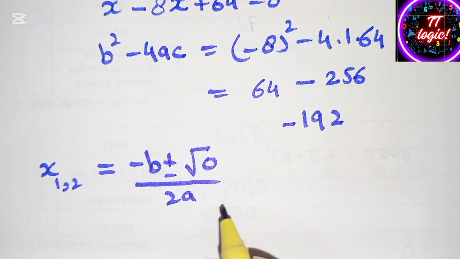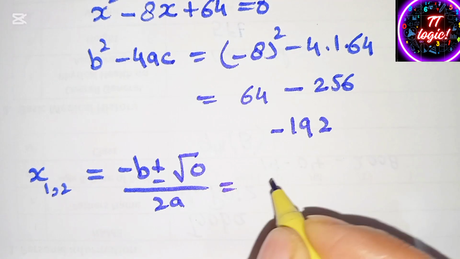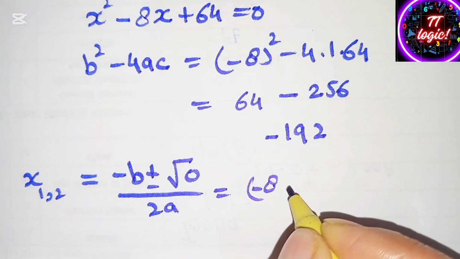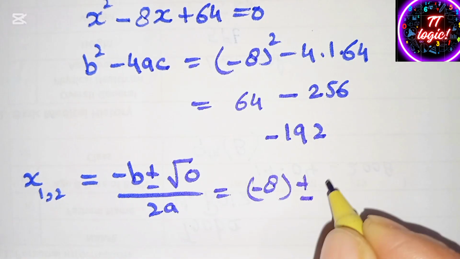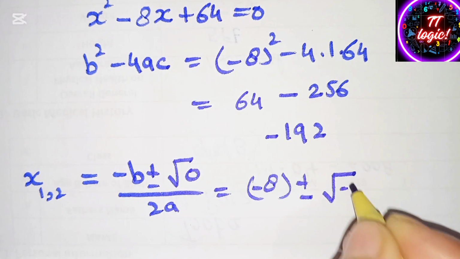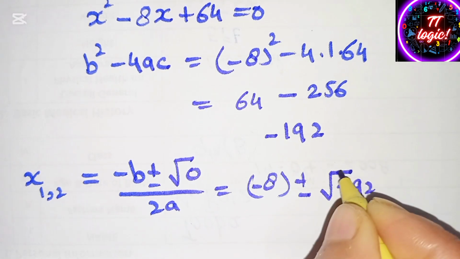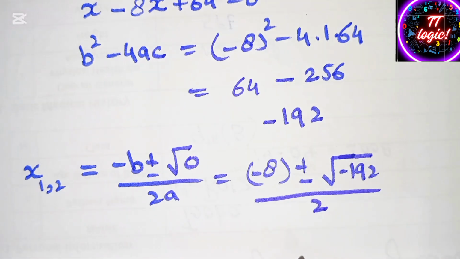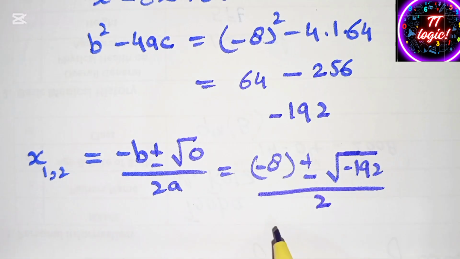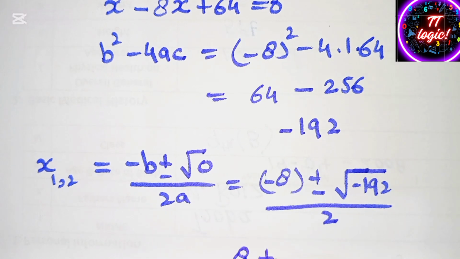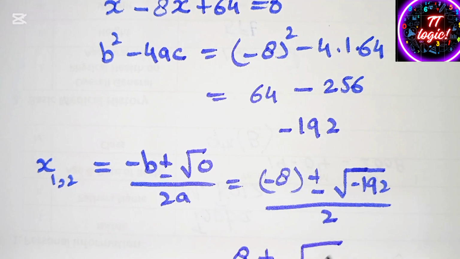Then we put minus 8 plus minus square root of minus 192, then over 2.